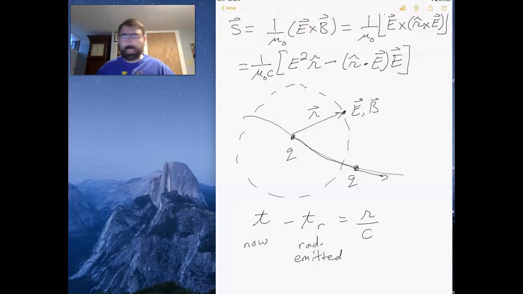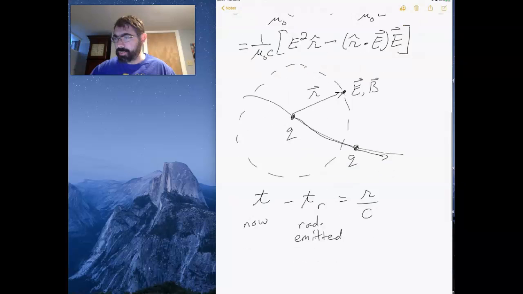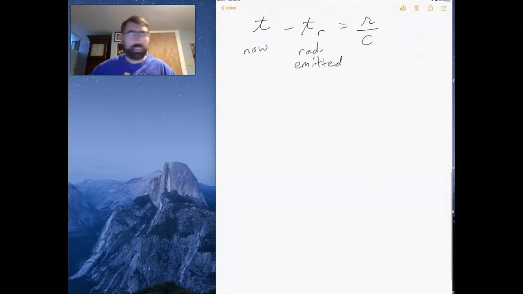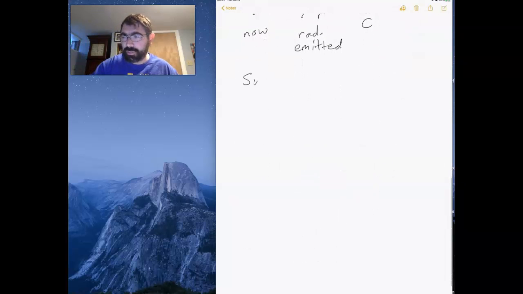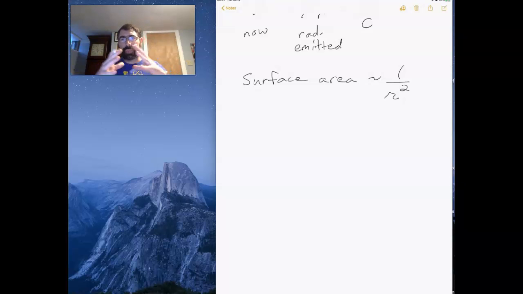Now, since I'm drawing this surface area as a sphere, that means that the surface area goes as r squared, so the field goes as 1 over r squared. We imagine that as the surface area gets bigger, we spread out the power over top of that surface area. So anyway, higher order terms in R are not going to be related to the radiation.